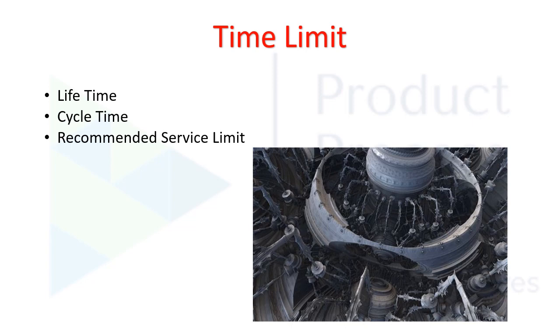Next is time limit. The time limit of the machine can be defined in two ways, either the total years or the cycle time. Some machines have parts which wear and tear with every cycle of operation, so cycle time makes good sense to define the time limit.